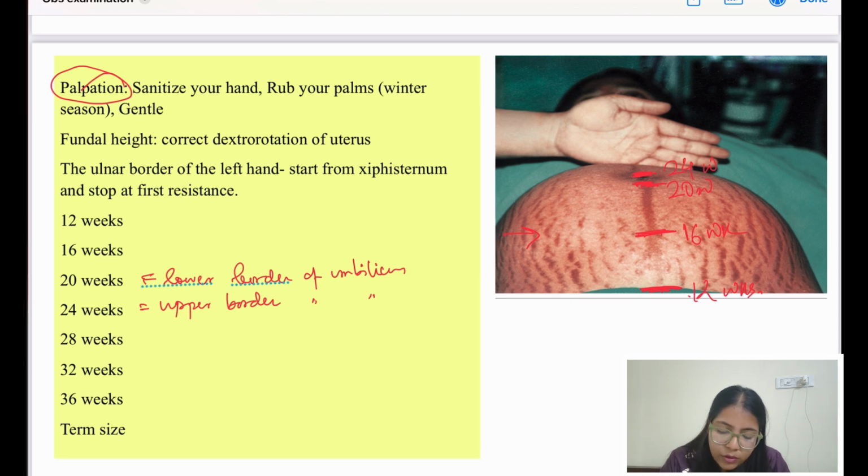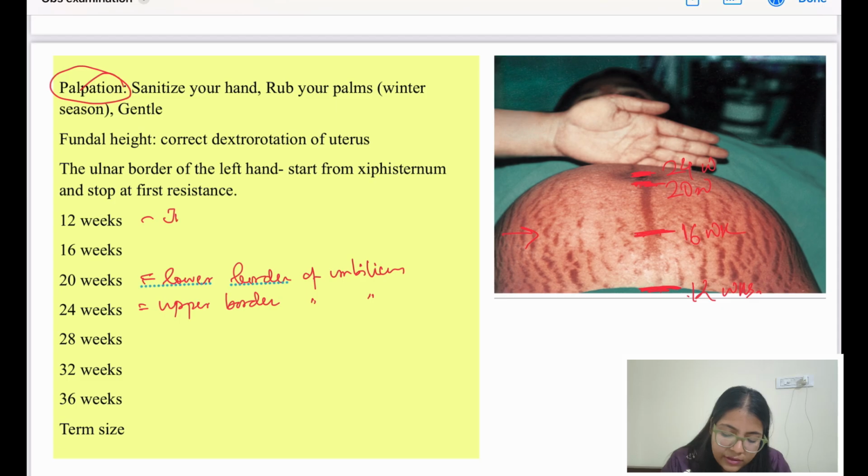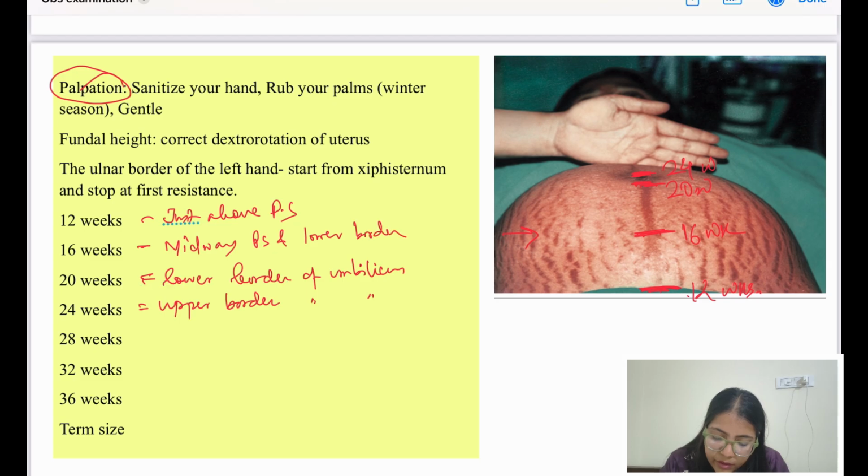Okay, so 12 weeks is just above pubic symphysis, 16 weeks is midway between pubic symphysis and lower border of umbilicus. Lower border of umbilicus corresponds to 20 weeks, upper border corresponds to 24 weeks, and then from the upper border of umbilicus to xiphisternum, you divide it into three parts.